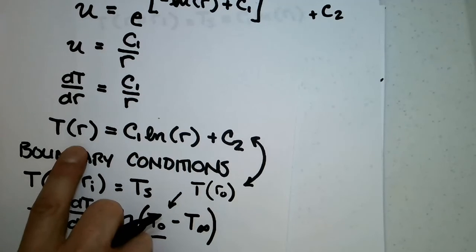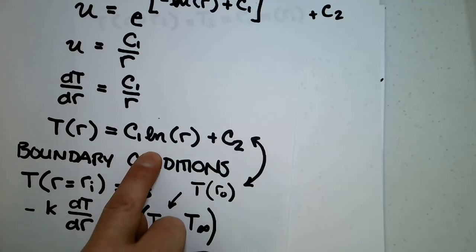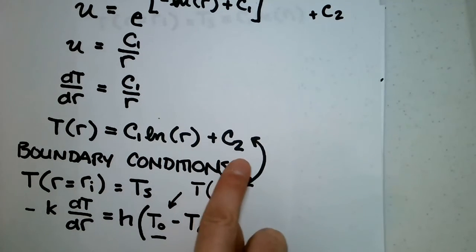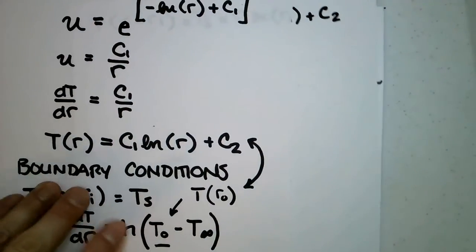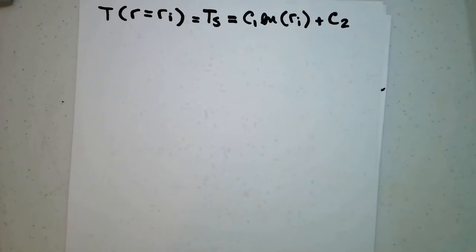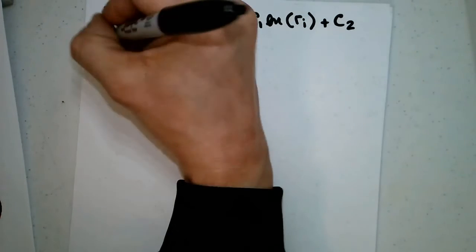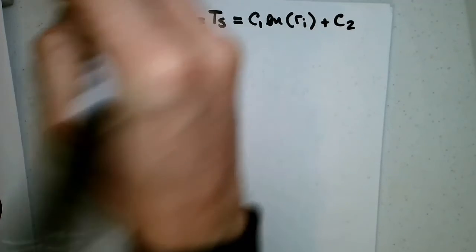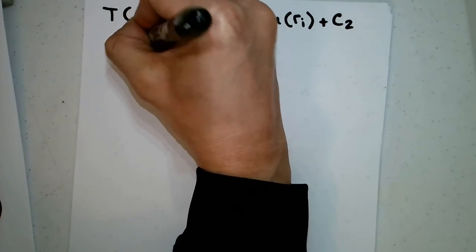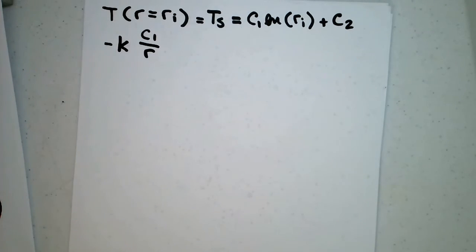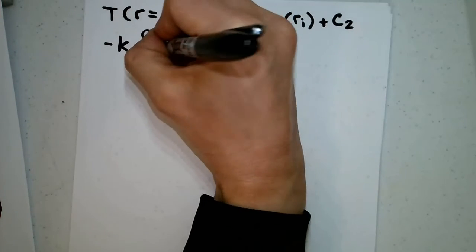T of R_O is going to be C1 natural log R_O plus C2 minus T infinity. All right, so we have negative k, and then dT/dr was just C1 over R, equals h.